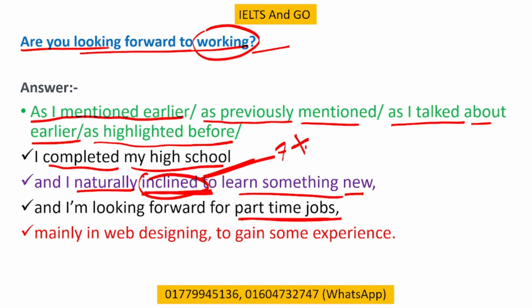Why you will get 7 plus in this sample answer? Because here we use phrases, we pronounce correctly, we use advanced vocabulary like inclined to, we use adverb, and our answer is moderate. Okay, last one, which is very important and very easy.